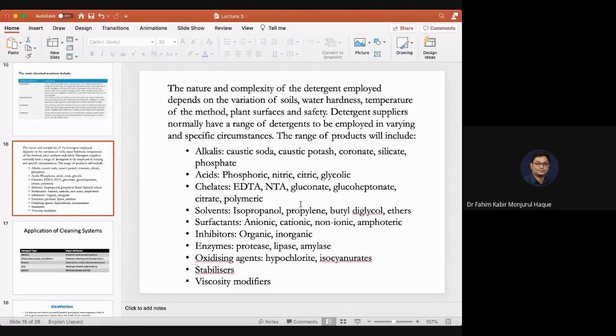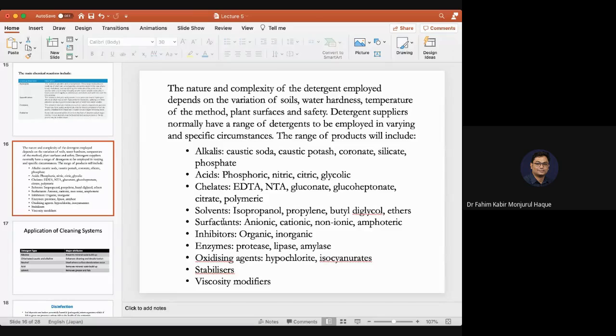So basically detergents are of these types. Alkalis, these are caustic soda, caustic potash. These are detergents. Chelates, EDTA. These are part of alkalis and acids. These are examples of detergent.